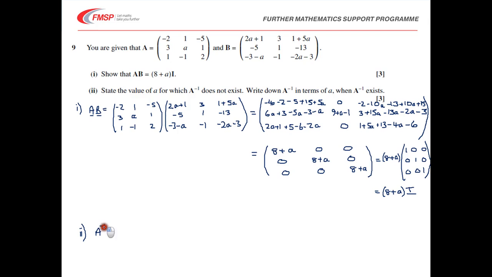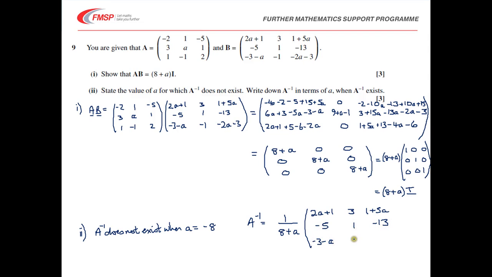So A inverse does not exist when a is minus 8, and A inverse is 1 over 8 plus a, and then the matrix B, 2a plus 1, 3, 1 plus 5a, minus 5, 1, minus 13, minus 3 minus a, minus 1, and minus 2a minus 3.